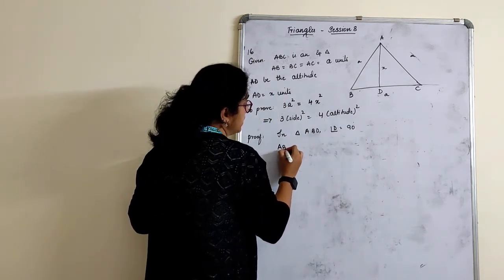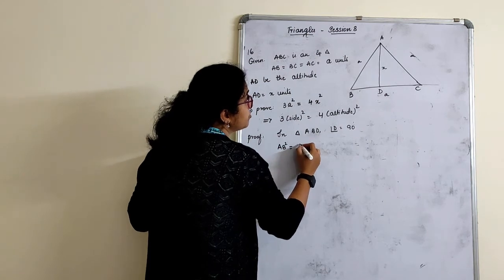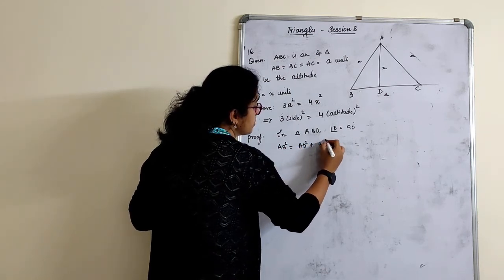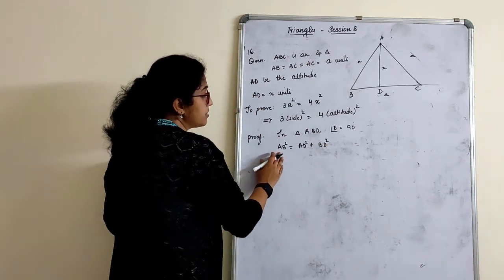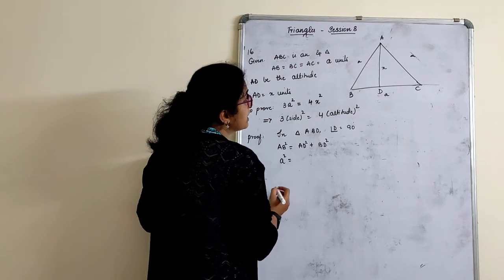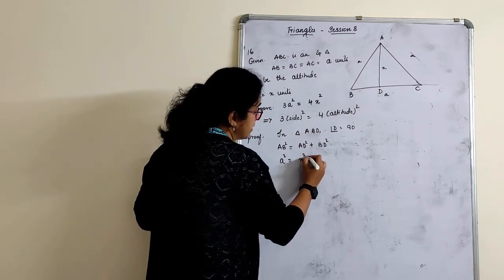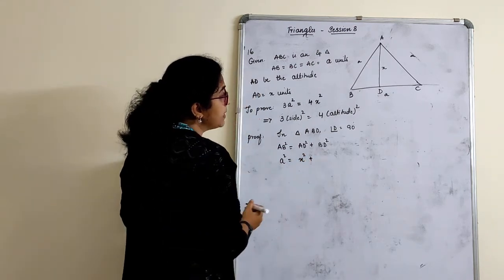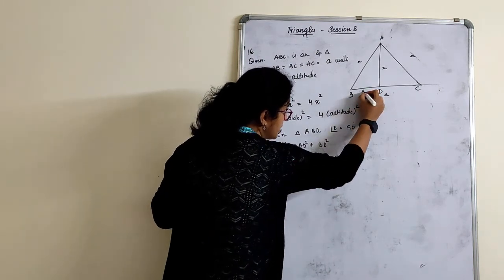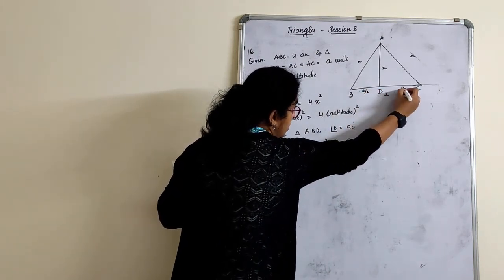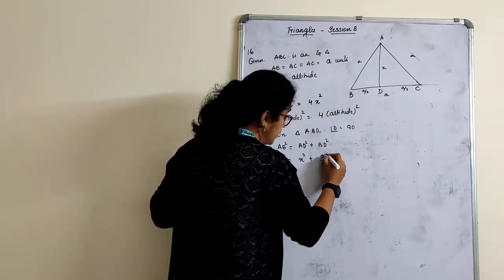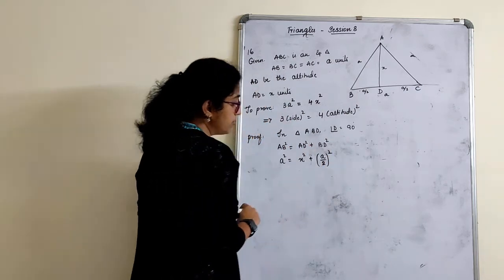So AB square is equal to AD square plus BD square. Substitute the values. What is AB square? a square. What is AD square? x square. And what is BD square? BD square is a by 2 whole square, because the altitude divides the base equally, a by 2 and a by 2.